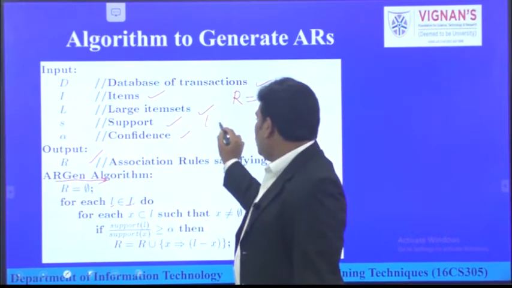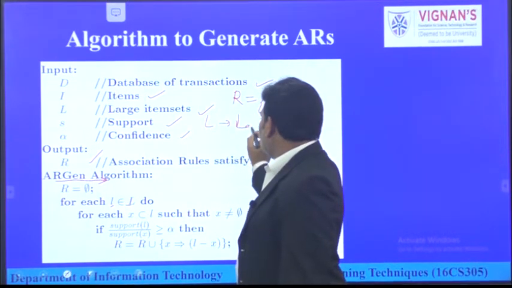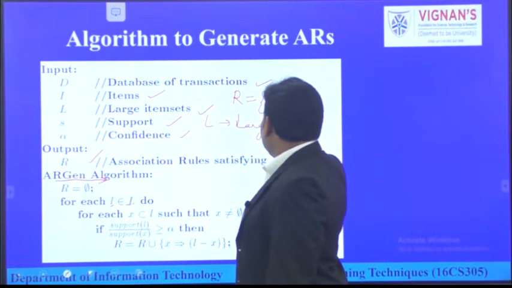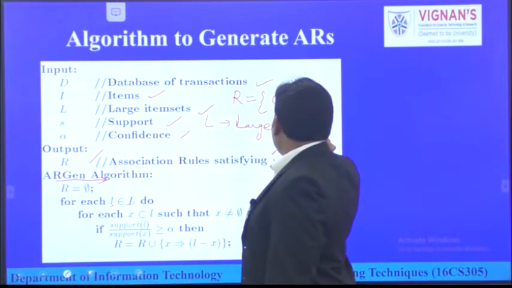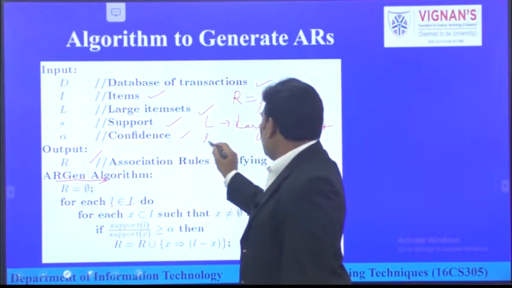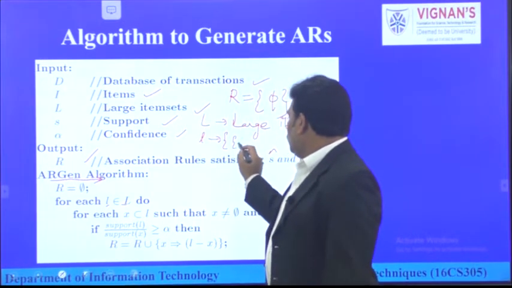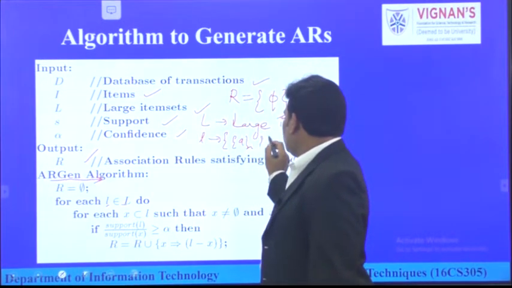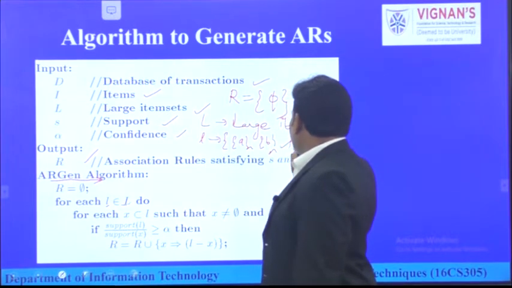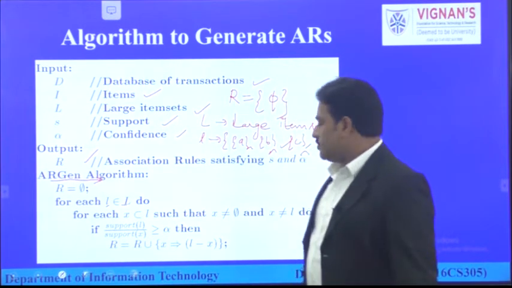Now what is capital L here? Capital L is a large item set, whereas small l is all the possible item sets. Let us say we have item sets like this: A, B, C. These are the one item sets.